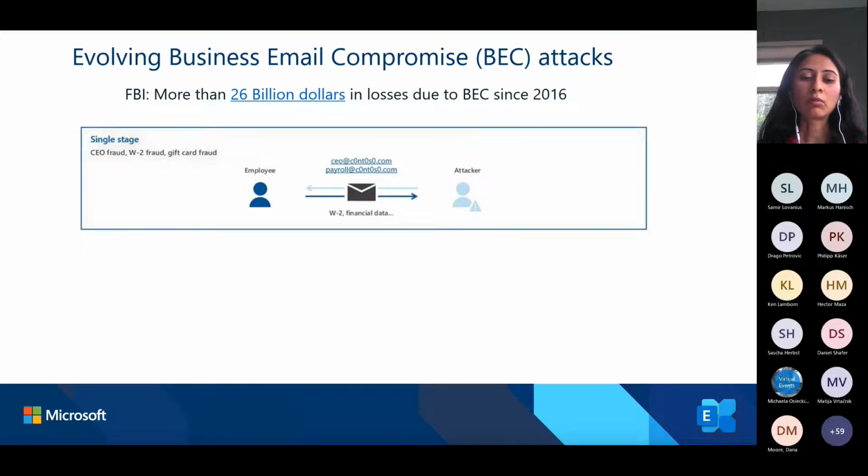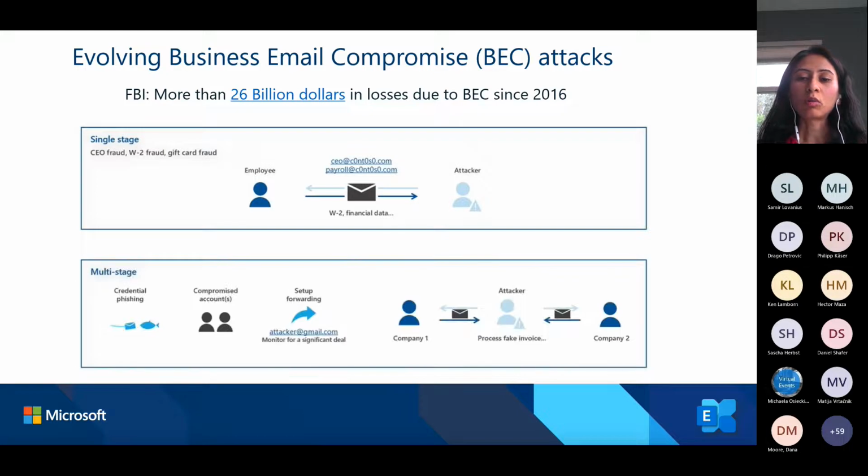And a more complex attack, or a multi-stage attack, is where attackers leverage techniques such as credential phishing or a leaked password, and then compromise an account or multiple accounts. And then they set up forwarding rules on the victim's email account and monitor new emails from partners or vendors, typically those that involve a financial exchange.